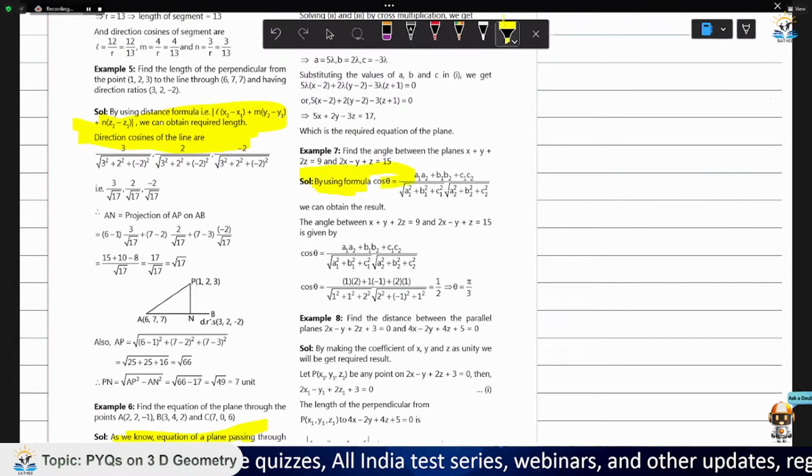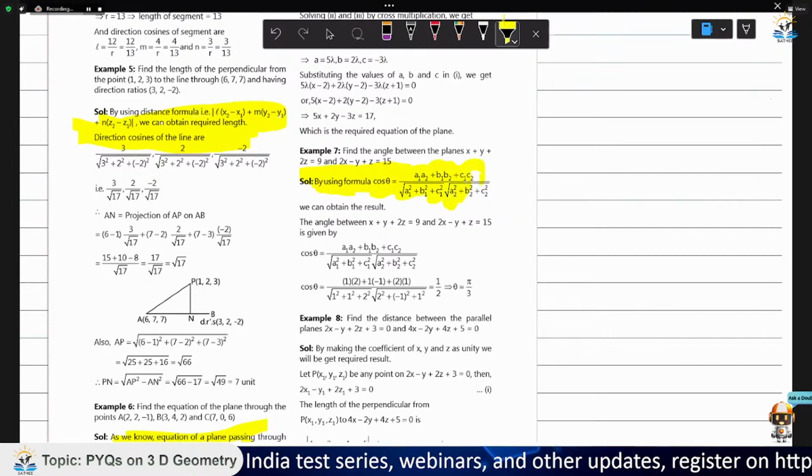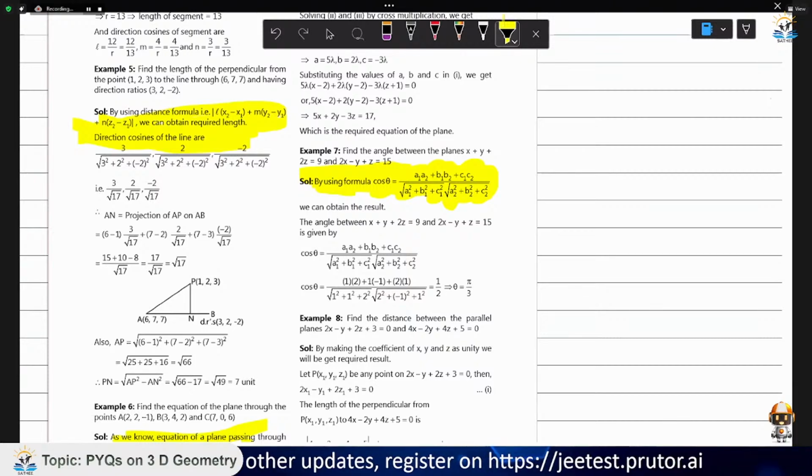Again, this might seem a bit like a theoretical lecture, because 3D geometry is all about formulas. The more formulas you remember, the easier it becomes to solve. You cannot simply solve three variables with logic and imaginative power; you have to rely on formulas, because deriving them could be troublesome.